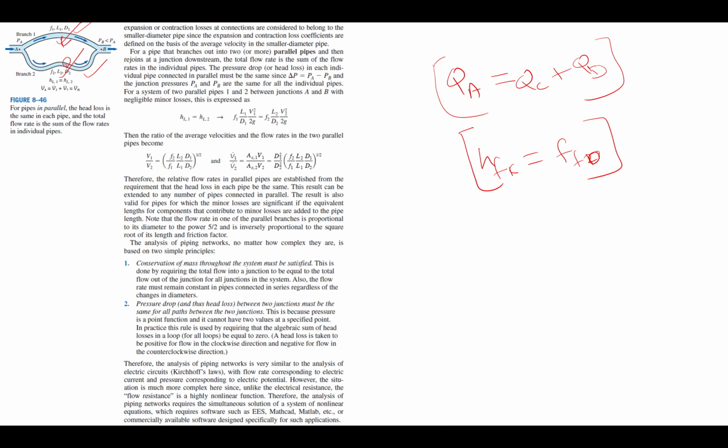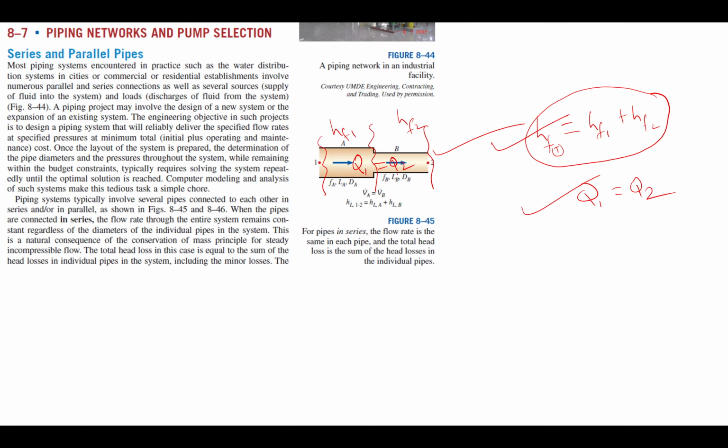In series your losses will add because the same discharge is passing from this pipe to this pipe, so that's why your continuity equation Q1 is equal to Q2.